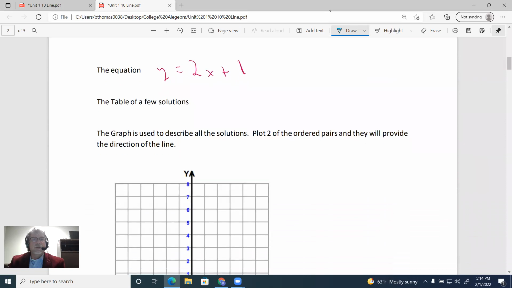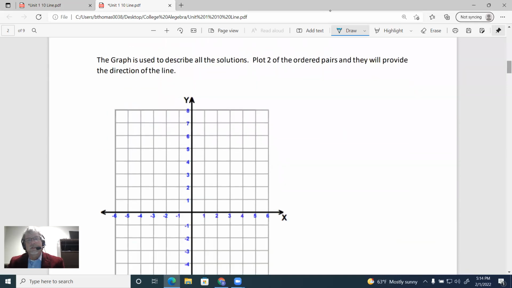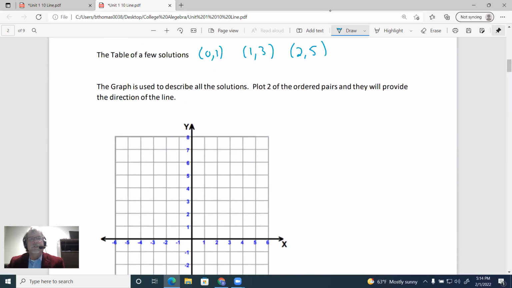So if I look at the equation y equals 2x plus 1, again, notice that we can graph those solutions. Notice how we had (0, 1) was the solution. We had (1, 3) was the solution. And we also found (2, 5) as a solution. So what we can do is we are allowed to graph those solutions.